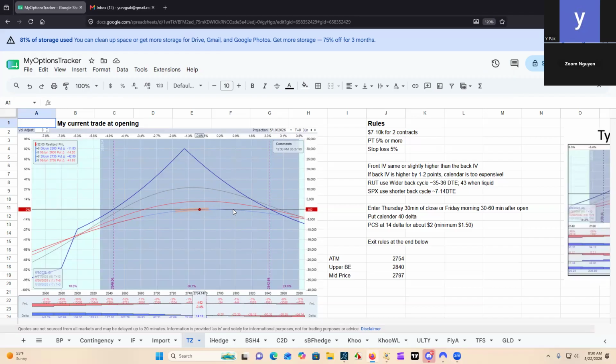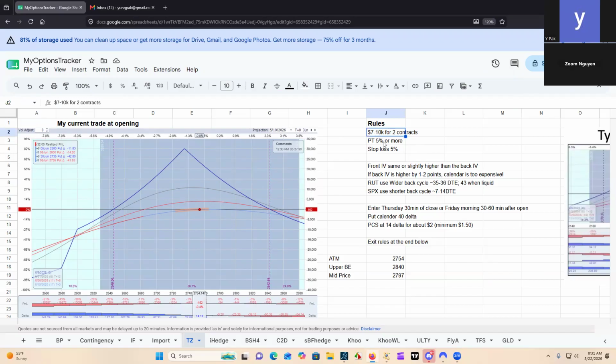I know roughly between the current price and the break even line here, I want to go halfway in between, and at that price level, if the market goes up to it, then I have to make an adjustment to the upside. And then I have another point, the short strike, the 40 delta one. If the price goes down to this short strike level, then I have to make a downside adjustment. So that's part of the strategy. And then there's a few ways to adjust to the upside and to the downside. And these are the rules.